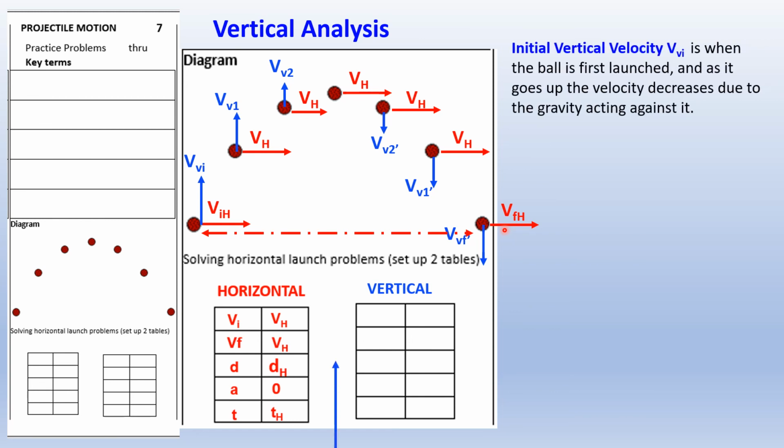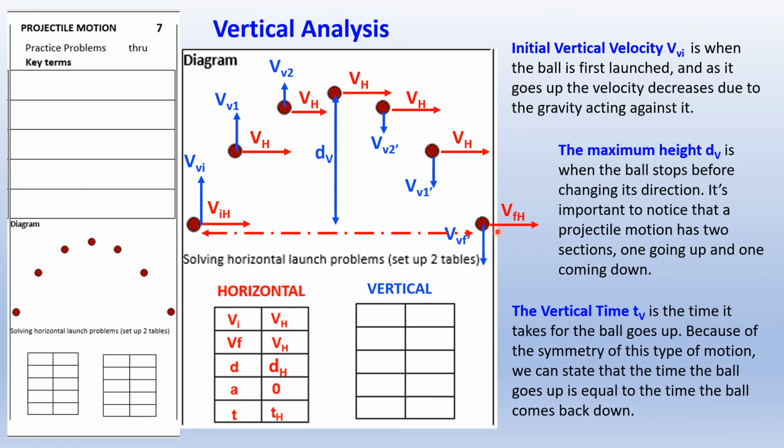The maximal height, dv, is when the ball stops before changing direction. It's important to notice that the projectile motion has two sections, one going up and one coming back down.